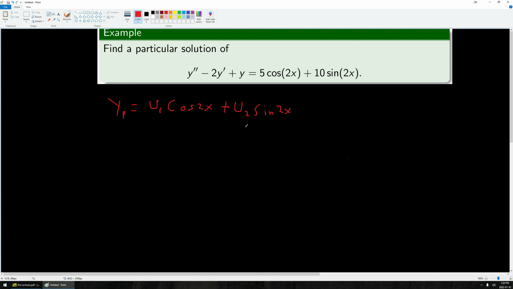Note, this ansatz doesn't actually restrict anything, because u1 could be something divided by cos of 2x, so it could literally be any function you want.